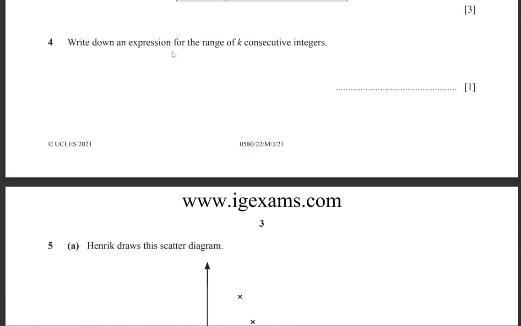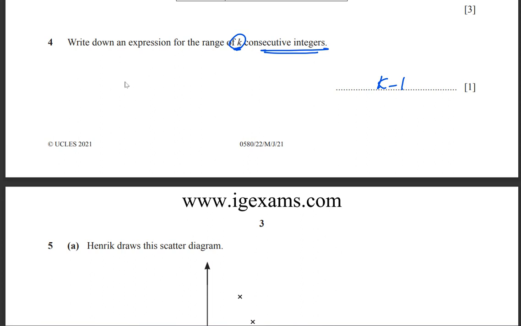Write down an expression for the range of k consecutive integers. Okay, the range of k consecutive integers equals k minus 1. Why? Consecutive integers means the numbers go forward one after each other.